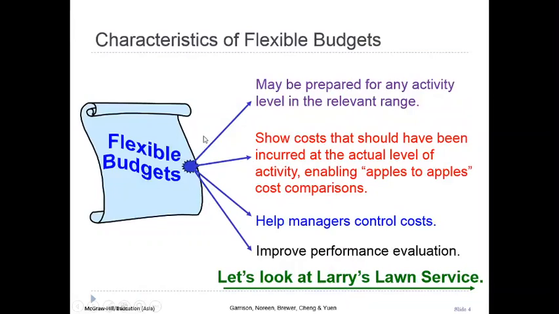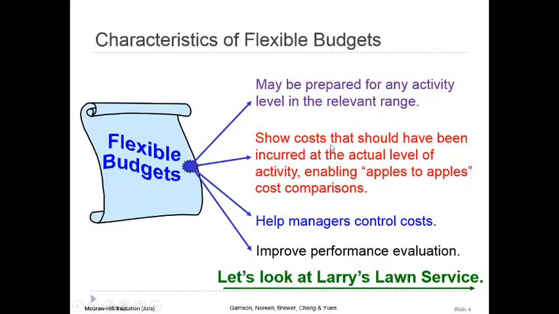This is where the flexible budget comes in. It can be prepared for any activity level in the relevant range. It means the budget can be flexed later on with a different level of activity. So you will prepare a budget that can be altered for 300 sales, or for 400 sales, or for 600 sales.